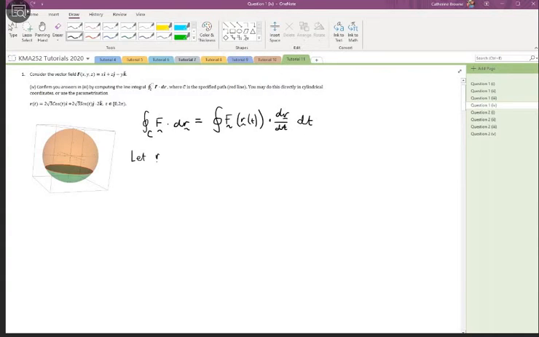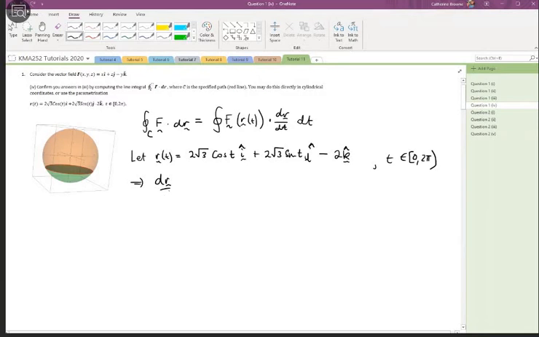So if my r(t) is given by 2 root 3 cos t i plus 2 root 3 sin t j minus 2k for t from 0 to 2 pi. And then I can find dr/dt.